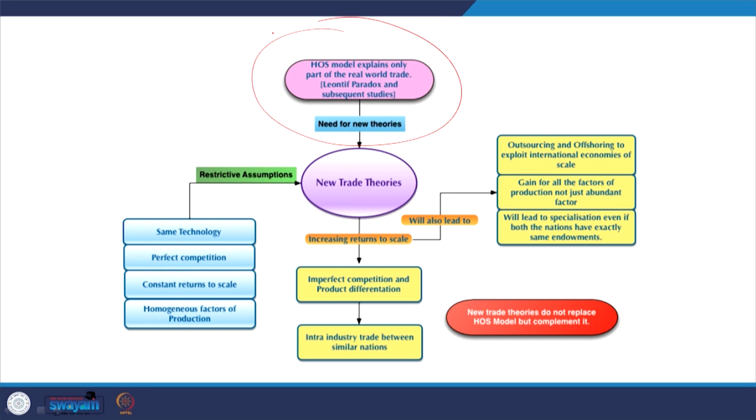Because there are lots of criticisms, through the Leontief paradox and other subsequent studies like Professor Minhas' studies on factor intensity reversal. We also added certain extensions to that theory, because it goes by a very limited version of assumptions.